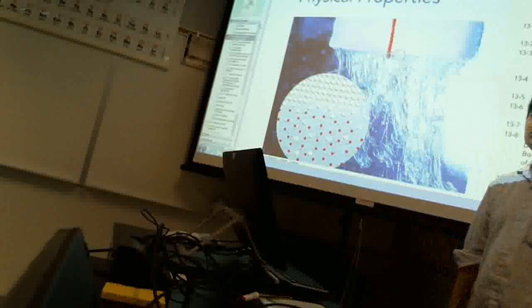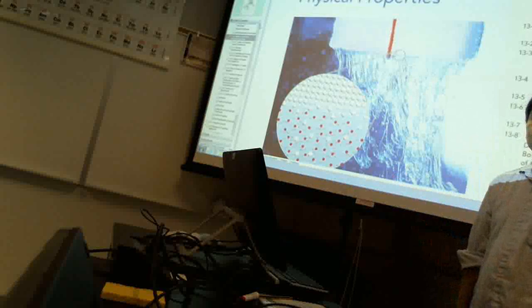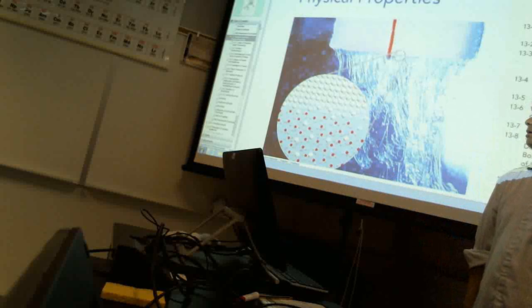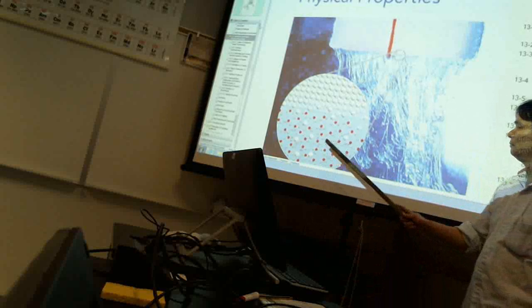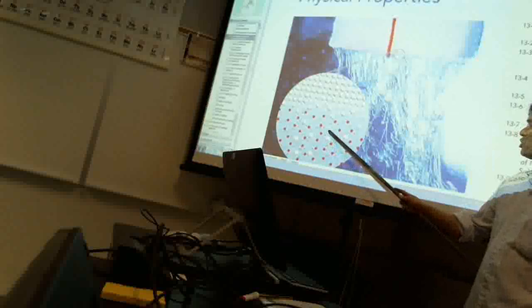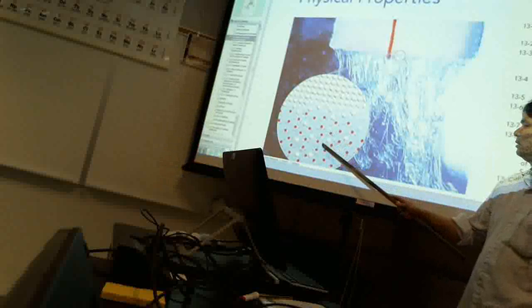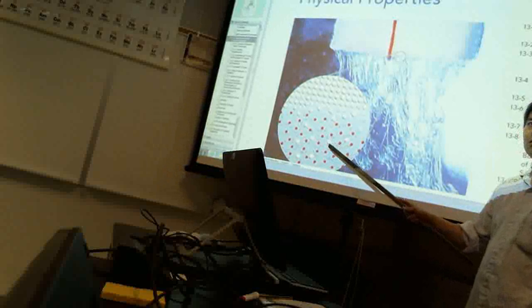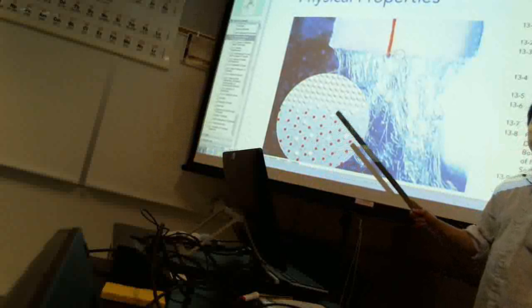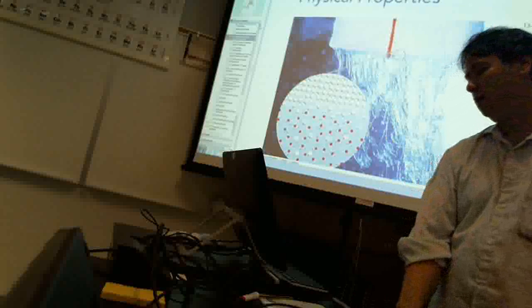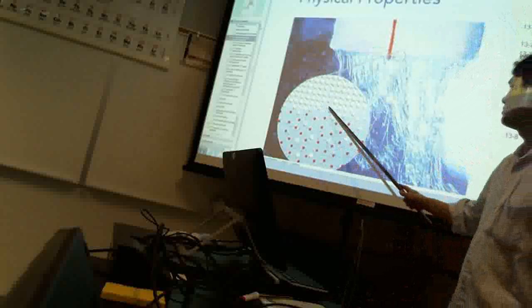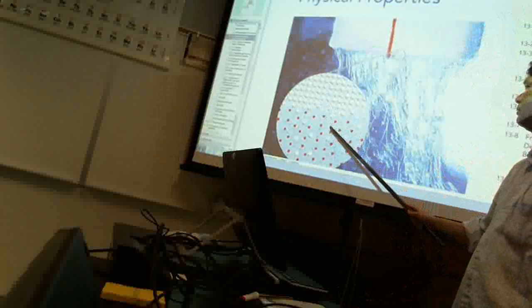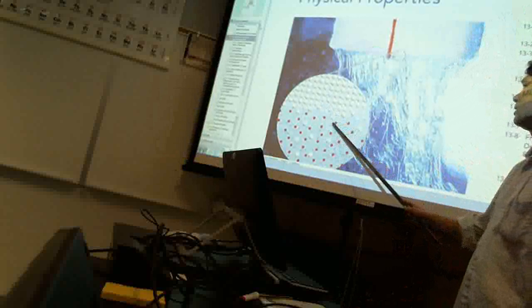Where do you get the energy in return, if any? You get the energy in return from forming sugar-water interactions here, and that returns a lot of energy. So breaking solute-solute interactions, endothermic. Breaking solvent-solvent interactions, endothermic.